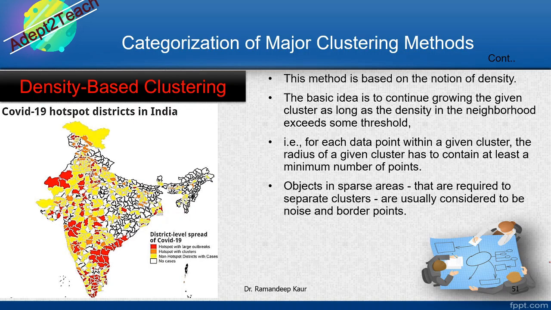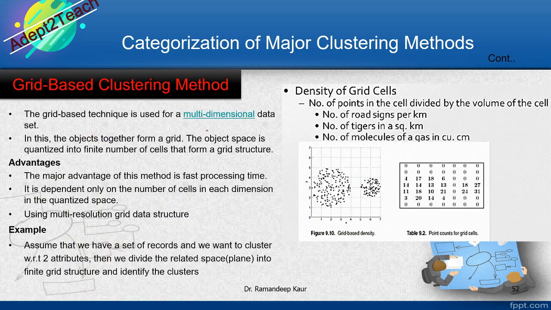Wherever the density of population was less and the number of cases reported was less, that was not treated as a hotspot. So based on the density, the clustering is done. This is one example wherein density based clustering was applied.